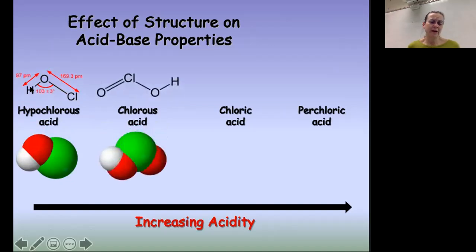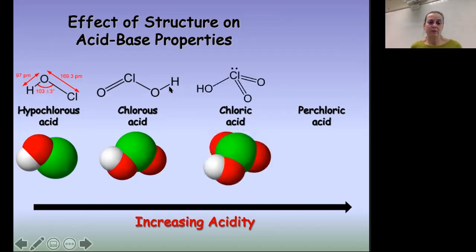But once we add in another oxygen atom, now the chlorine is able to pull electrons from both oxygens. It's pulling even harder on the electrons in the oxygen, which is making this oxygen to hydrogen bond even more polar. And we move to chloric acid, which we know is one of our strong acids.